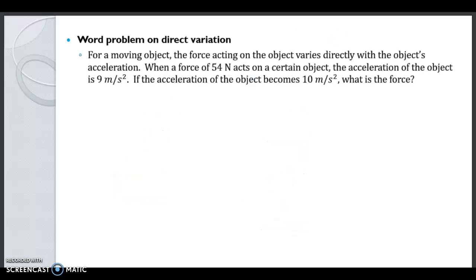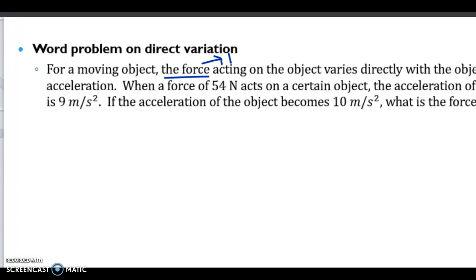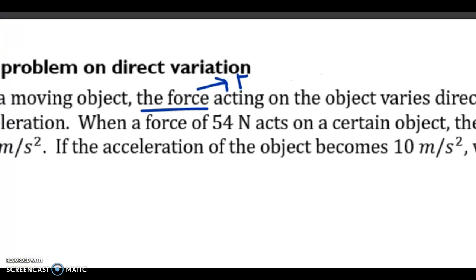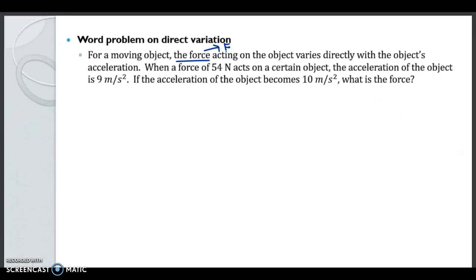So let's work on another word problem on direct variation and take this one sentence at a time. So we're told for the moving object, the force, okay, so let's call force F. The force acting on the object varies directly, okay, so varies directly is y equals kx, with the object's acceleration.